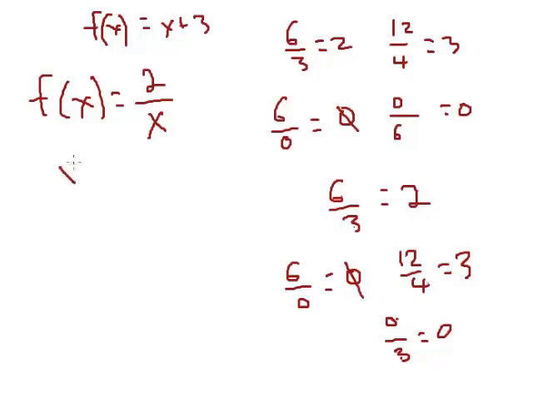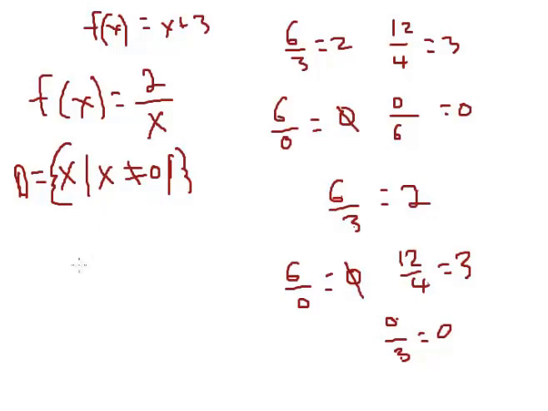So the way I would write this is to say the domain of this function is x, whatever x happens to be, as long as x does not equal 0. What this tells you is that this is a defined, legitimate function as long as x is not 0.